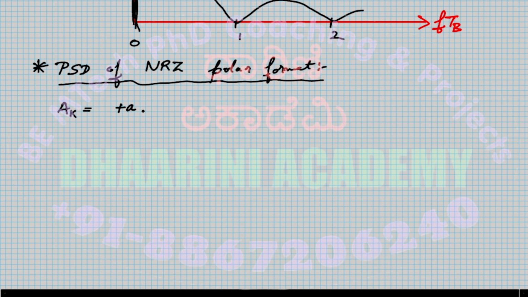So that's the polarity, whenever the symbol we are transmitting is 1. And it's polar format, so you should have the other polarity as well. So let's give a minus A. This is whenever the symbol that you are trying to transmit is 0.